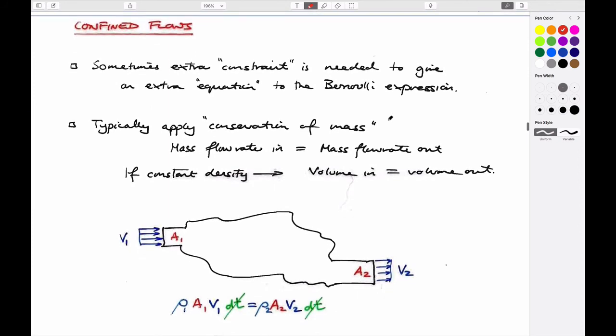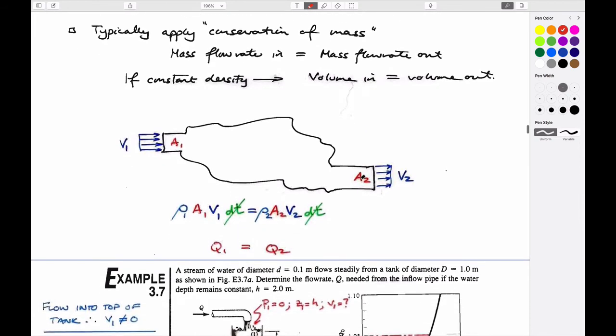We talked about if we have Bernoulli and we have only 4 terms and we need to constrain the system, then we can write conservation laws in terms of conservation of mass, which is just this. Densities are often the same, and so it just becomes V1A1 is equal to V2A2.